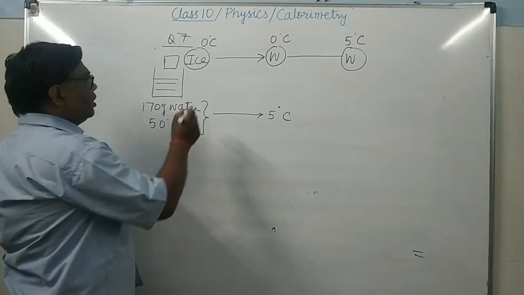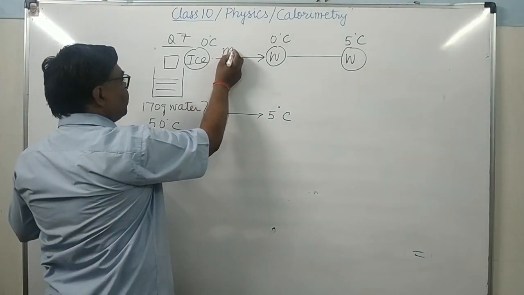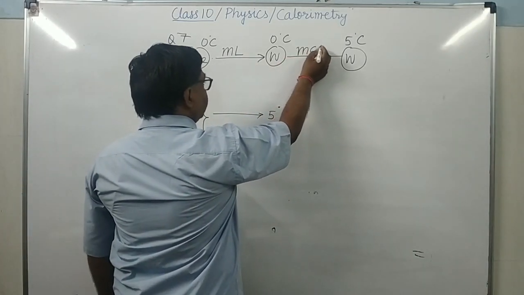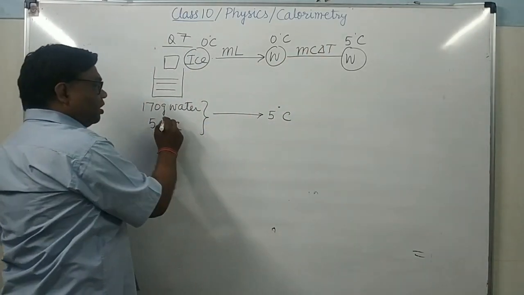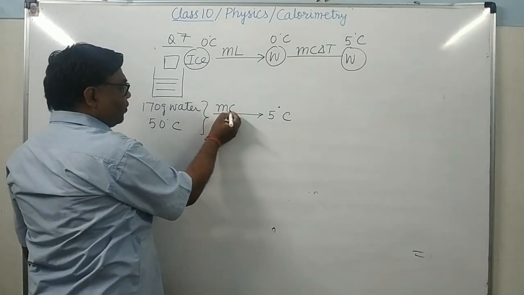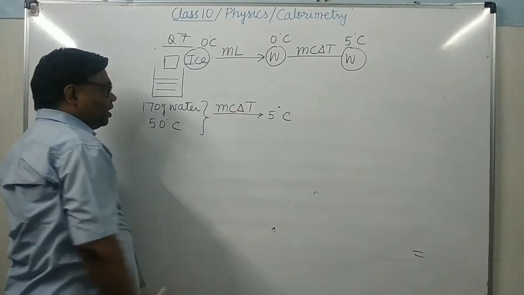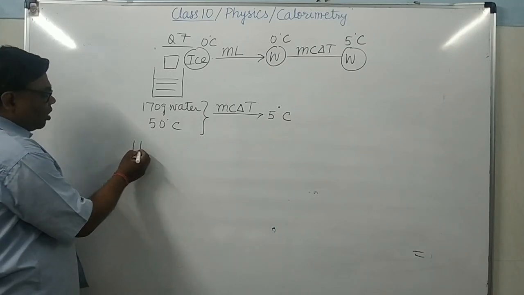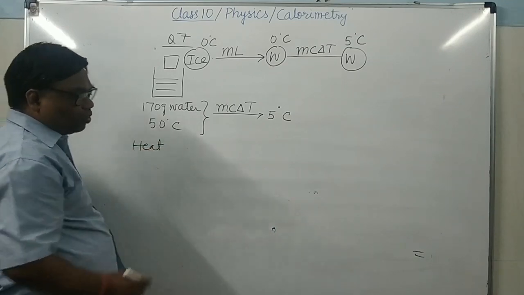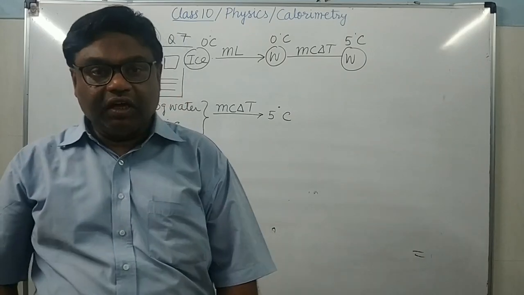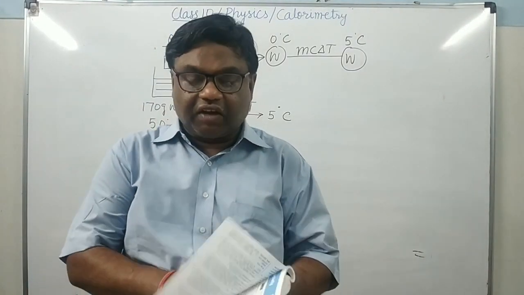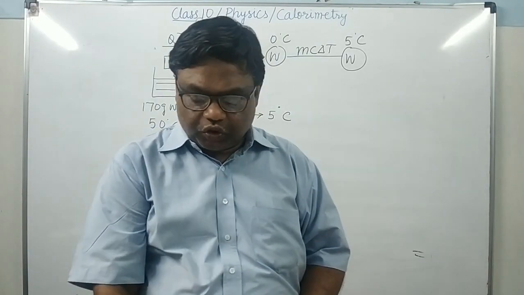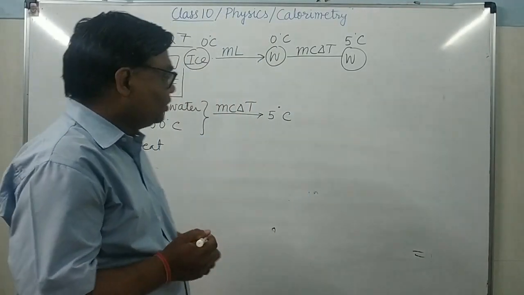So see here, what type of heat will be absorbed? mL. Here m into c into delta T, and here water will lose what type of heat? m into c into delta T. So first of all you find out heat lost by, here you have to find the mass of ice. What is the mass of ice required? So you assume that let the mass of ice required is m.